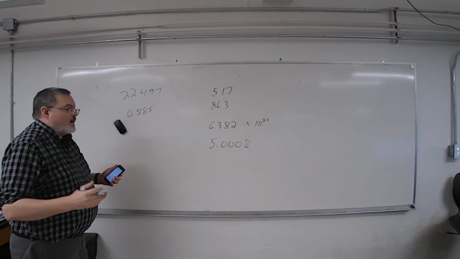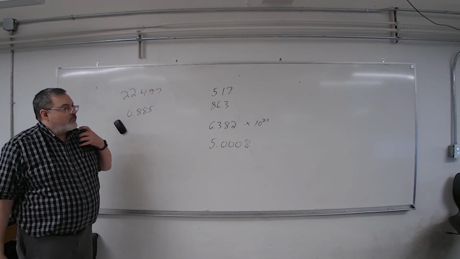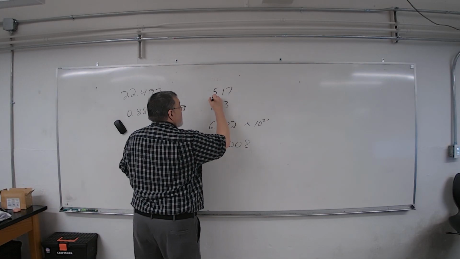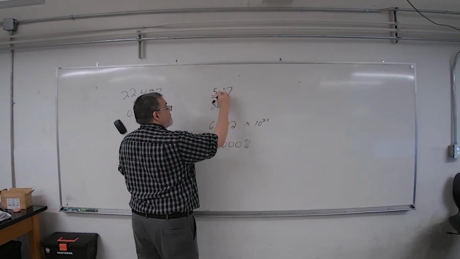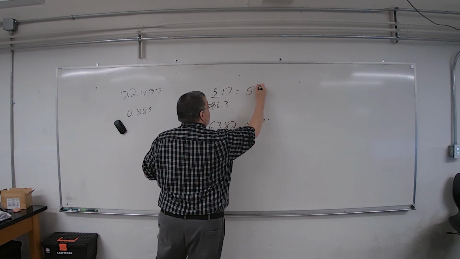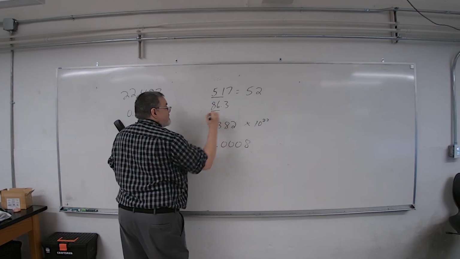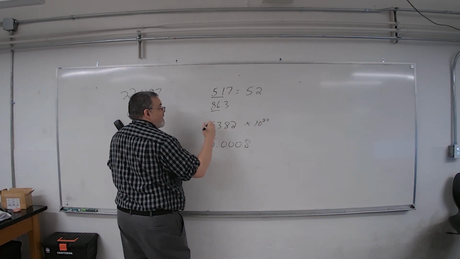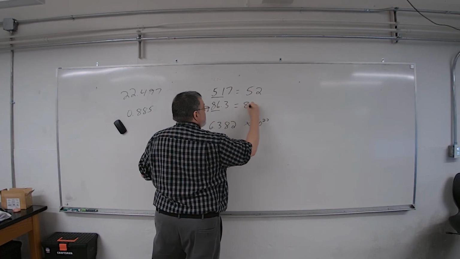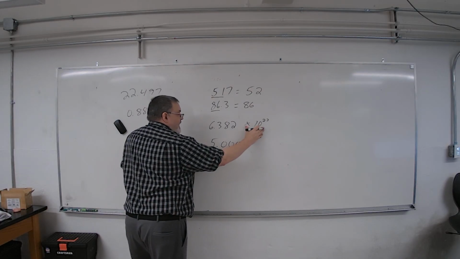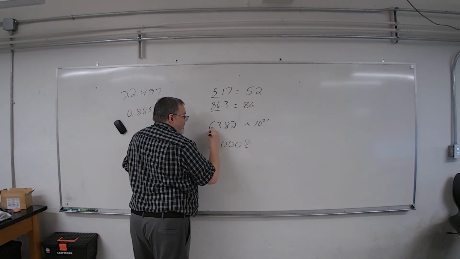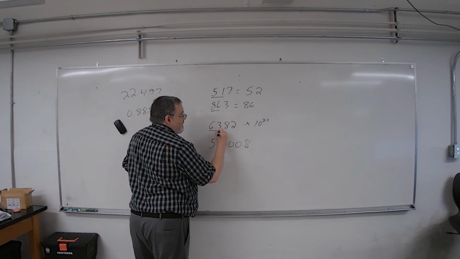So our instructions are to round all these down to 2 significant figures. There's 2 significant figures. The 7 rounds to 1, so we get 52. There's 2 significant figures. The 3 does not round to 6, so we can just put 86. You can actually ignore that for this. There's our 2 significant digits.